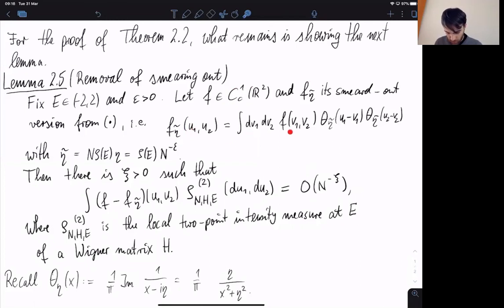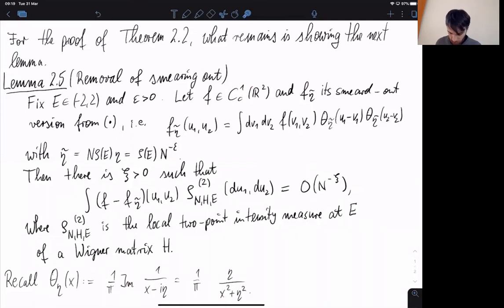We take the convolution of f in both coordinates with these functions theta eta tilde, which is defined as follows. It's the imaginary part of this ratio here, which you recognize from the Stieltjes transform.